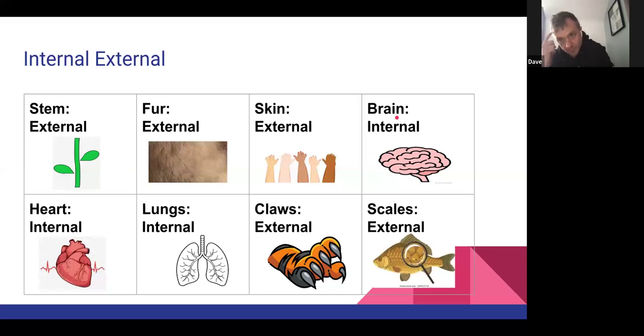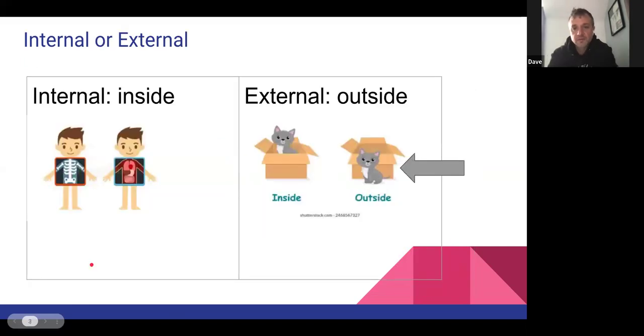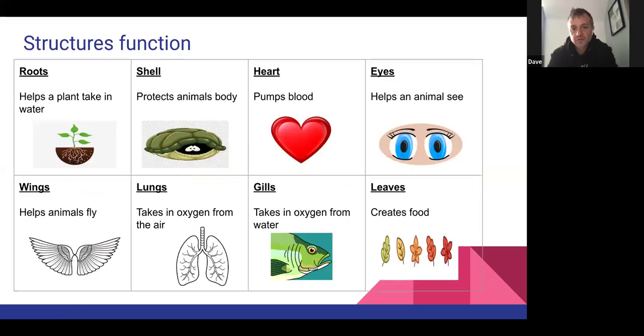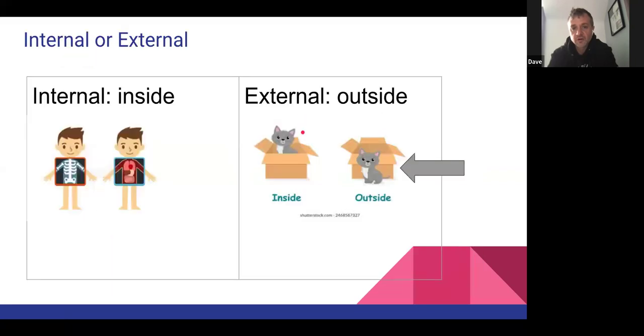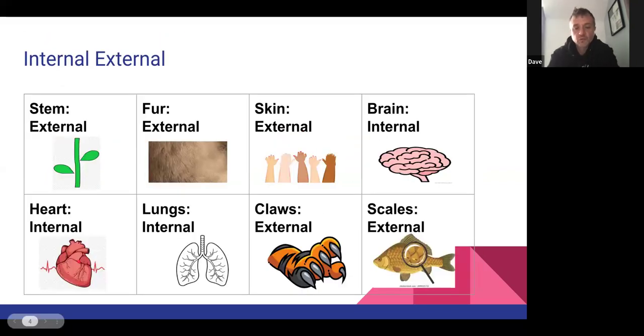Our brain, that is an internal structure. Heart, same. Now I know that looks different, but that's what a real heart looks like. This one is what it looks like when we draw a heart. This is what doctors see when it's a heart.